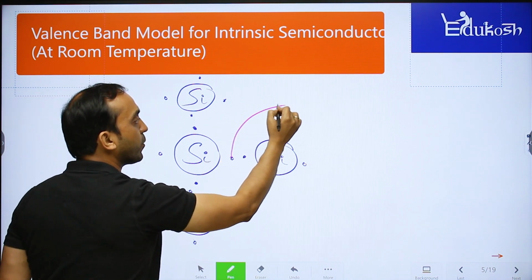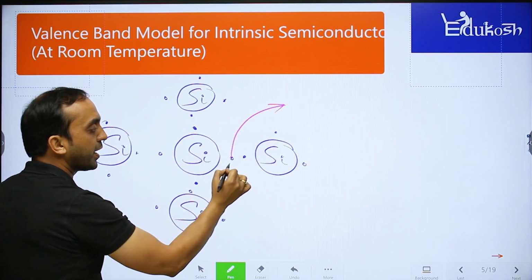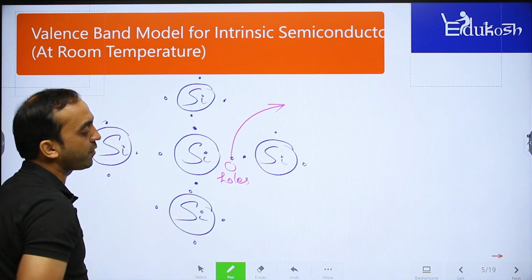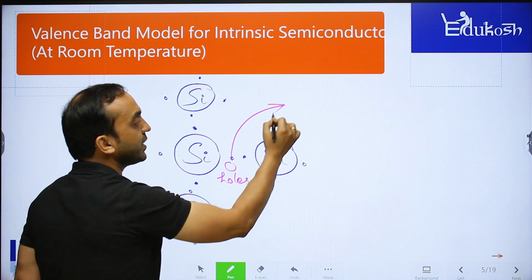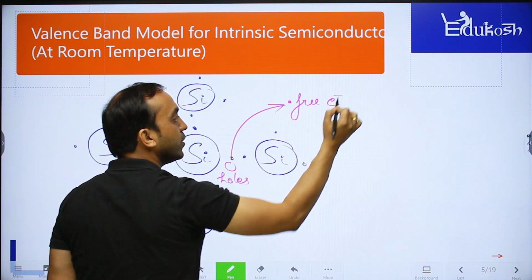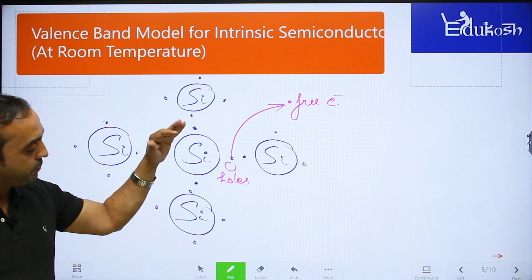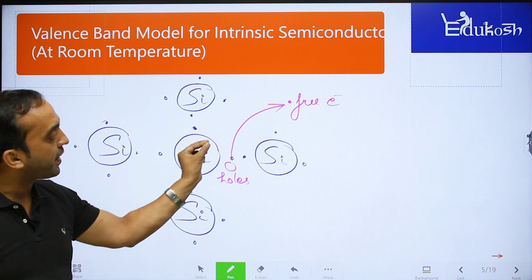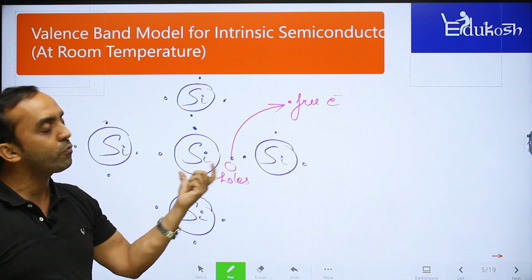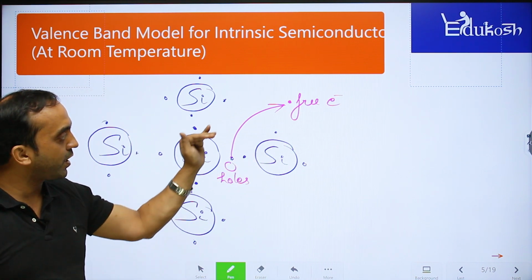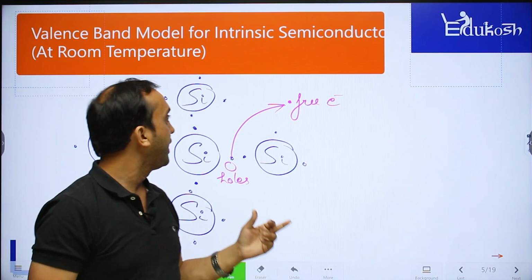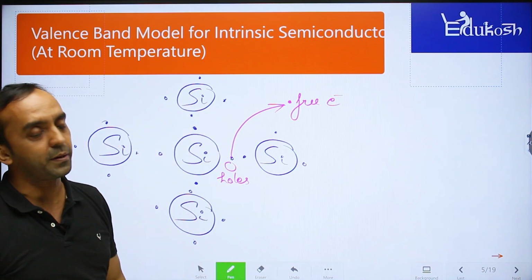If this electron leaves its position, a hole is formed here. This is a vacancy due to an electron, known as a hole, and this electron reaches here and is now a free electron. So because of temperature, if one free electron is created, in parallel one extra hole is also created. So the number of free electrons and the number of holes are always equal in the case of an intrinsic semiconductor.